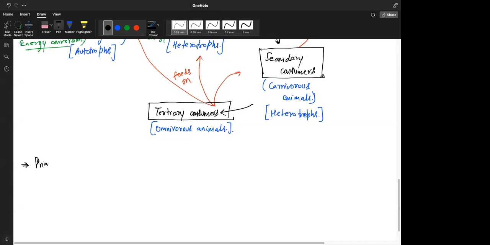So write down primary production. It is the amount of biomass, or when I say biomass, I mean organic matter. Fruits, leaves, stem, seeds, everything that plant produces.